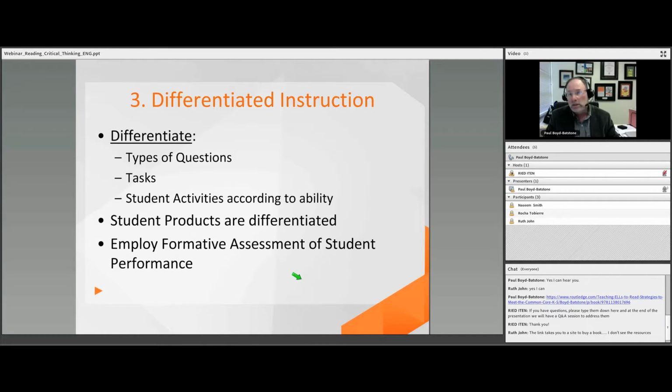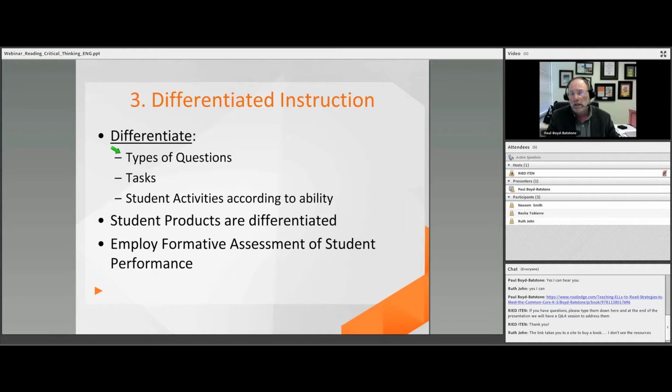The third aspect of developing critical thinking with reading is to provide differentiated instruction. And like I said, we've done a division between the three performance levels of reading. And within those levels, we think of, first of all, the types of questions we ask.